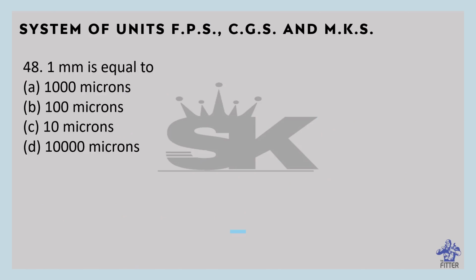Here they're asking 1 mm is equal to how many microns? So 1 mm equals 10 to the power of minus 3 meters, right? If we want to convert that into microns, 10 to the power of minus 3 into 10 to the power of 6 microns.